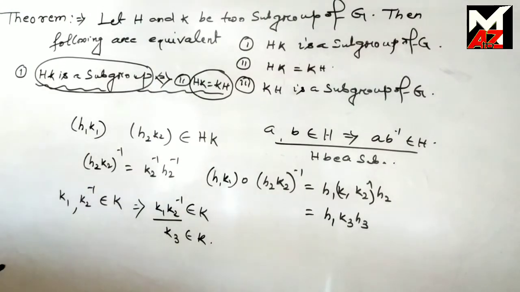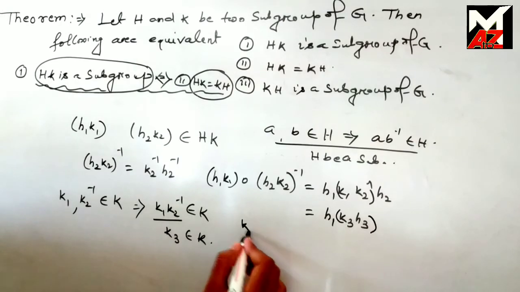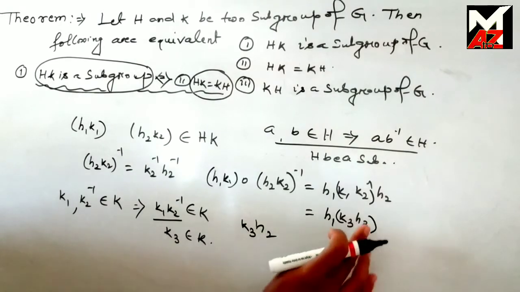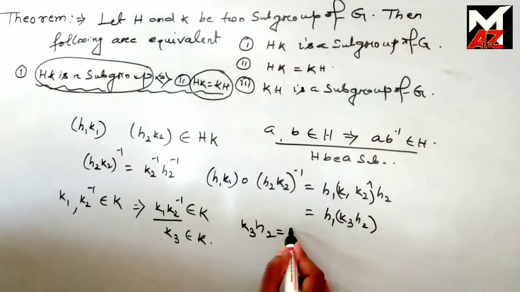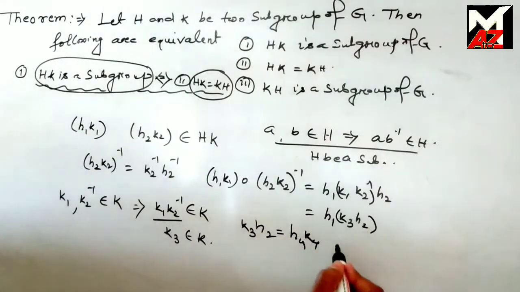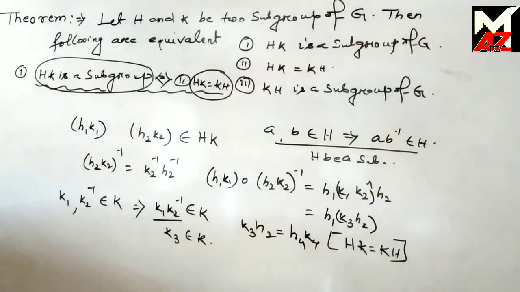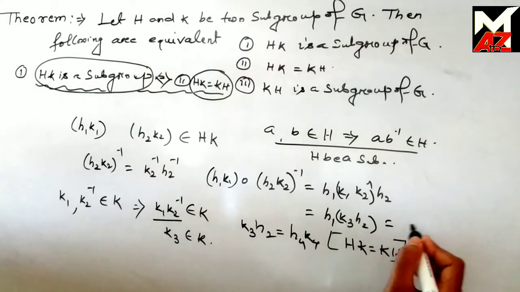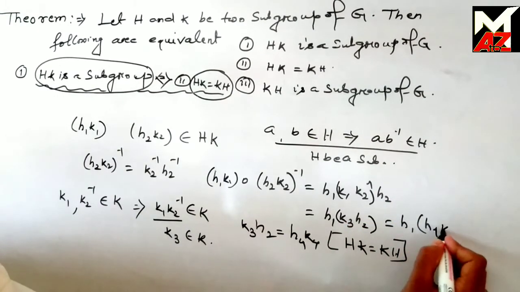Now since HK equal to KH, this element K3 H2 can be taken as H4 K4, because HK and KH are equal. So we write this relation as H1 into H4 K4.